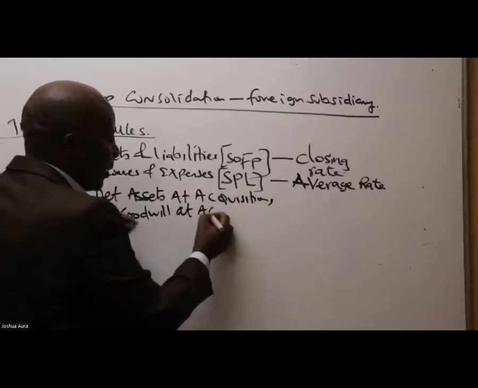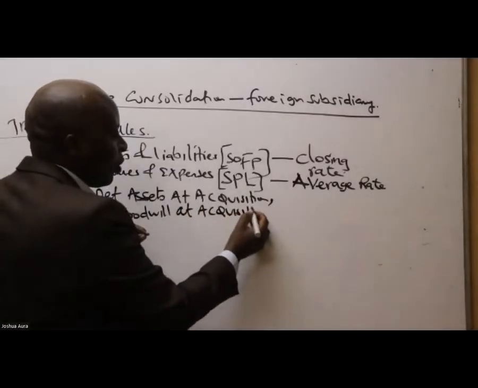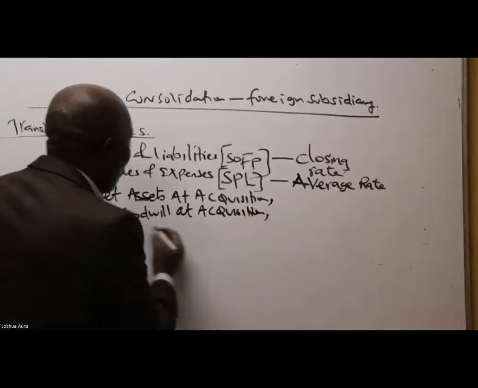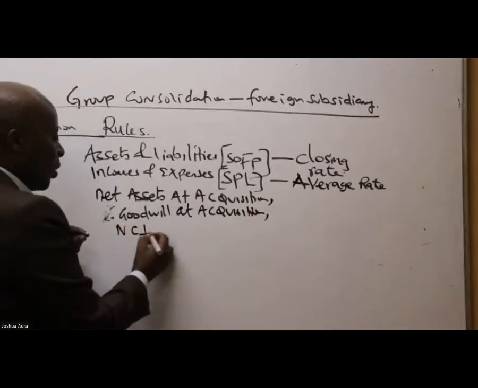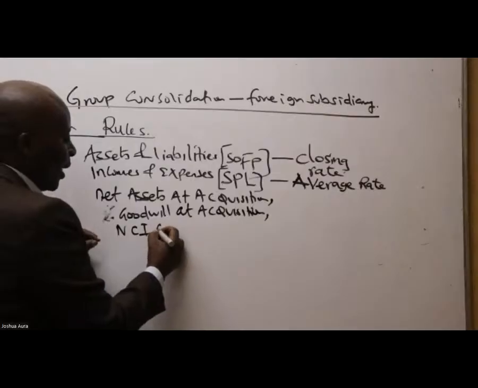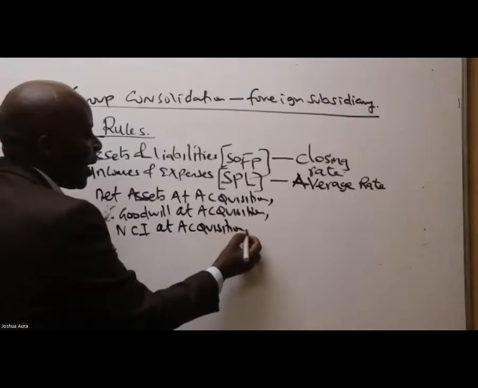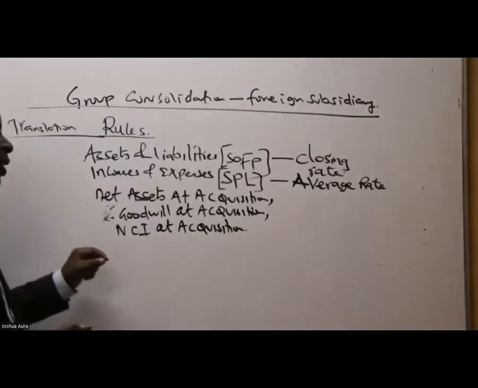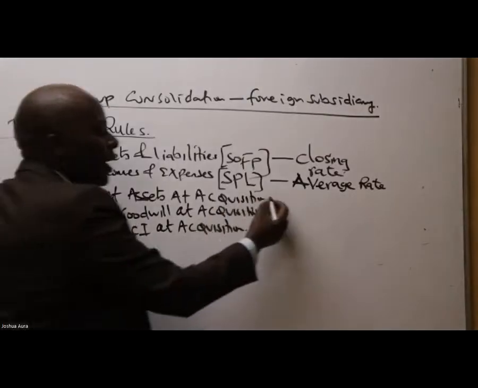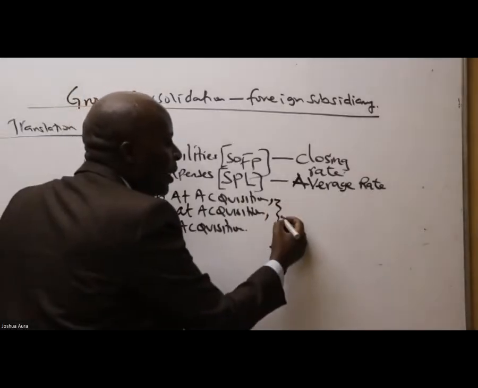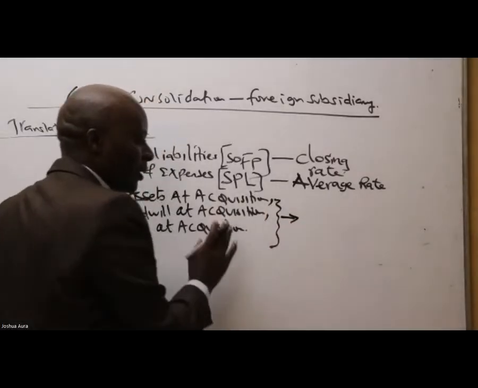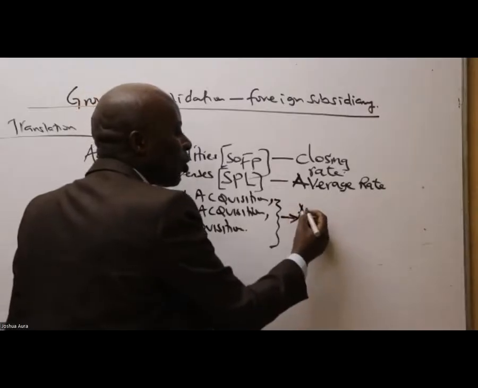I want to keep on insisting on this. Goodwill at acquisition. Talk of NCI at acquisition. Anything in this case that this examiner uses the words at acquisition, everything here, we shall be translating them using the acquisition rate.